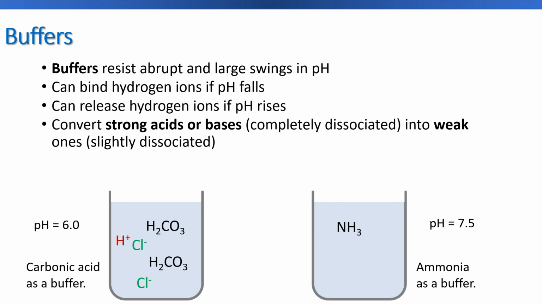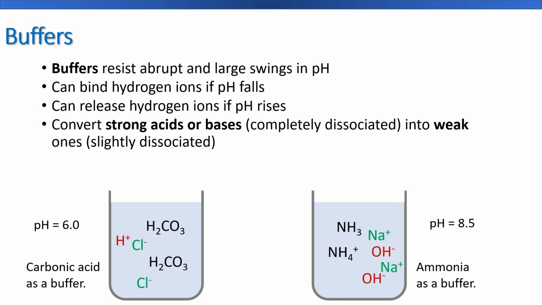So let's look at ammonia as a buffer. Now we know that ammonia, because it's a weak base, is going to exist in water not only as an intact molecule, but also as its ion. And let's say that our pH of this solution is originally 7.5. If we were to add a strong base like sodium hydroxide, this can initially elevate the pH to maybe something like 8.5.